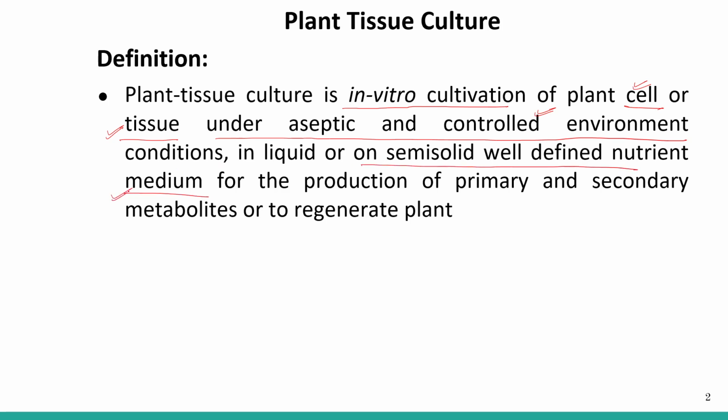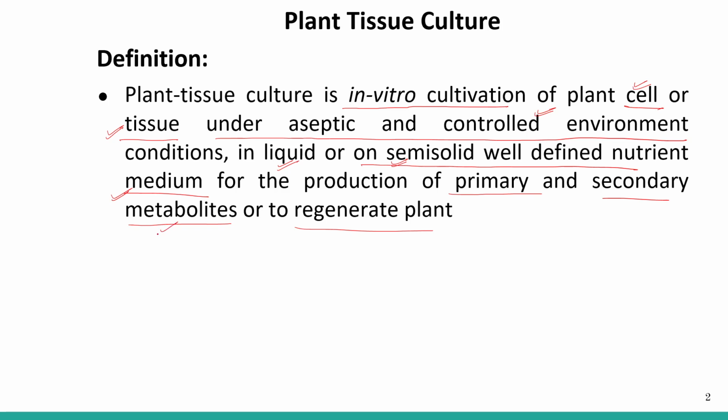The nutrient medium on which the cell or tissue is grown is either in liquid form or in the semi-solid form, for the production of primary and secondary metabolites or to regenerate plants.